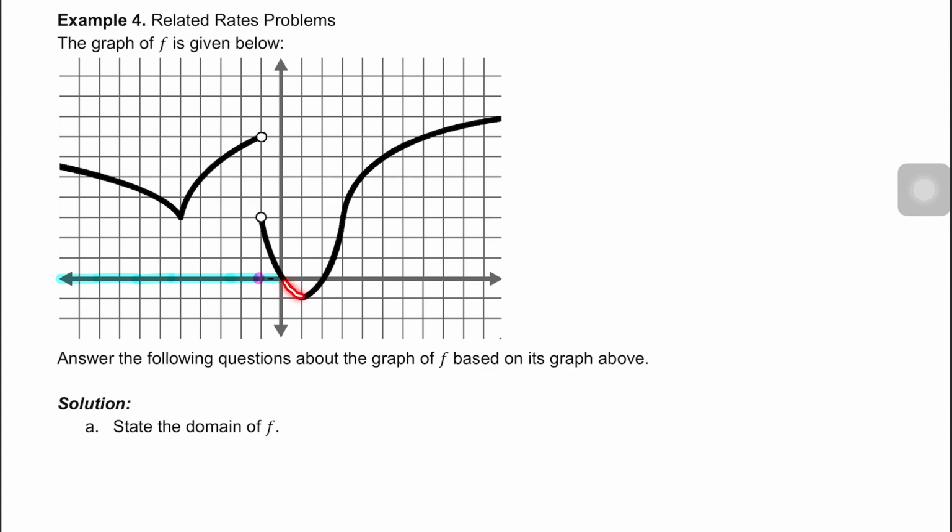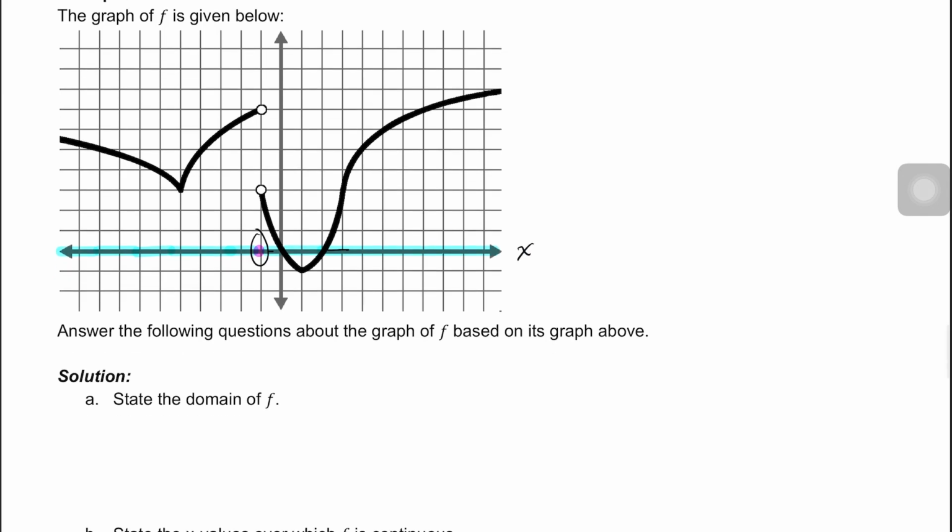This part of the graph is projected here, and this part is projected right here. So we see that the graph projects to the x values everywhere except at x equals -1.